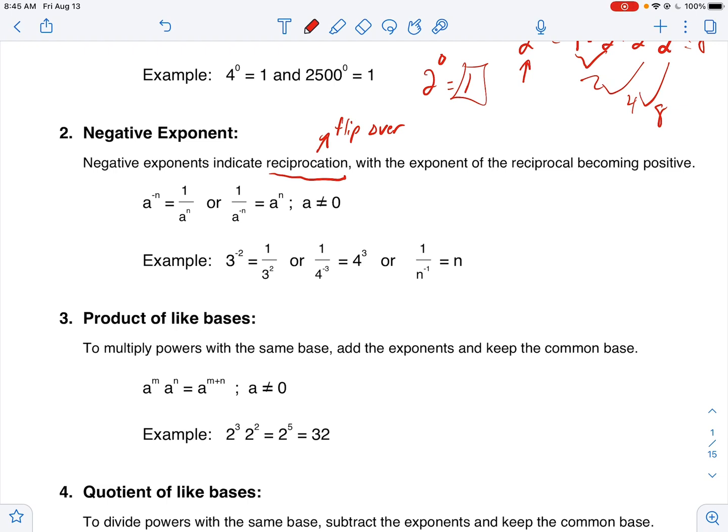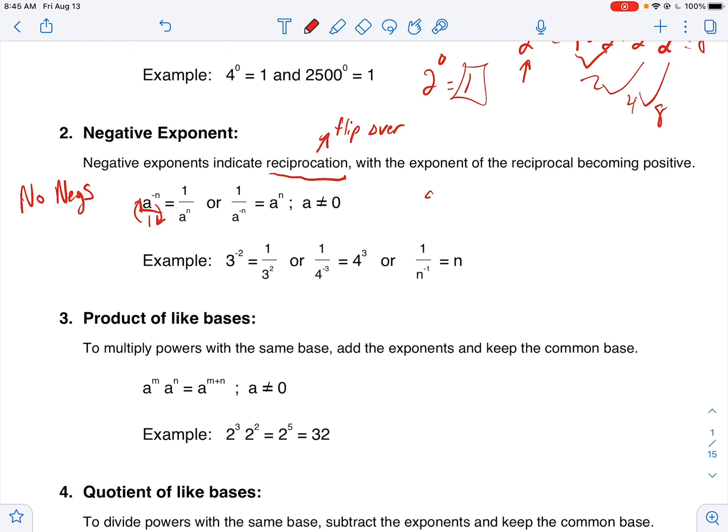Basically, the rule is no negs. You can't have them. So if I have a to the negative n, any exponent, that n is a number, that's what it is. What it does is it turns into 1 over a to the n. Well, that's because this is technically a to the n over 1, and then we do a reciprocation. We flip it over. Okay?